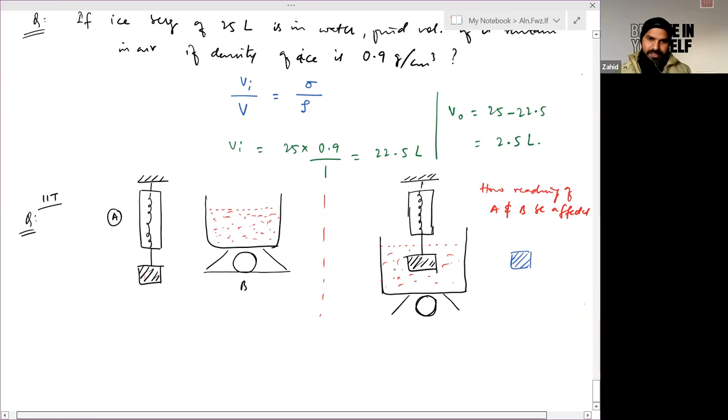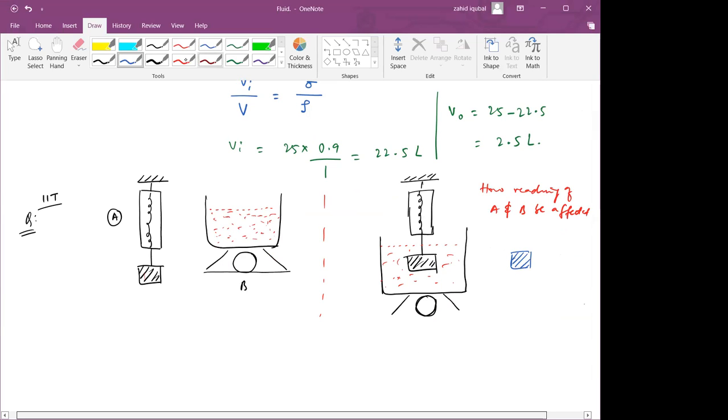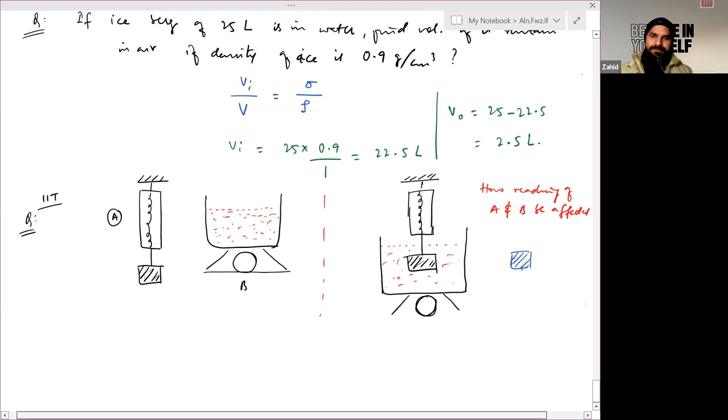This object is completely sunk in this liquid. Your answer is correct. Yes, so still, from the weight, some buoyant force will be acting, because the density of the body is more than the density of water. Let me explain this part.